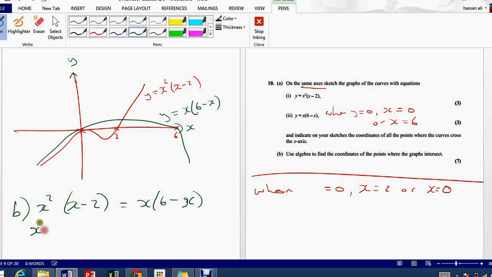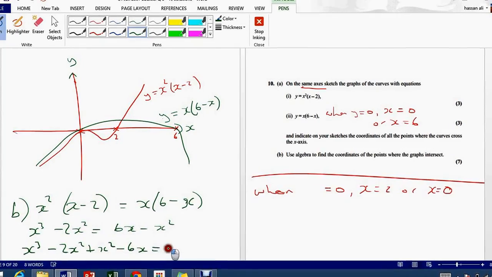If you multiply this out, you'll get x cubed minus 2x squared, and that will equal 6x minus x squared. If you simplify all of that, let's take that across, so you'll have x cubed minus 2x squared plus x squared minus 6x all equals 0.